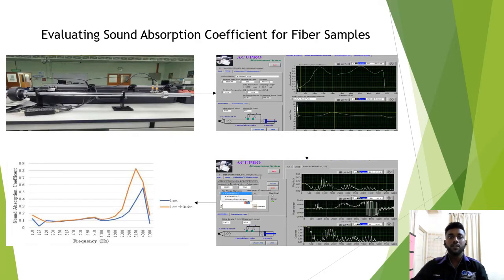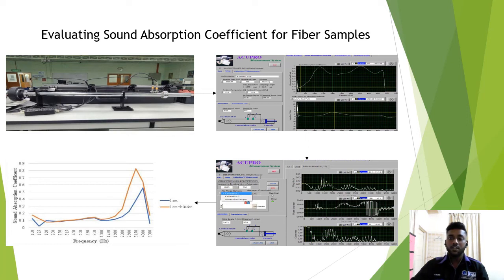For evaluating the sound absorption coefficient of the fiber sample, first we need to set up the impedance tube correctly, and then in the AccuPro software we set the job description, ambient pressure, and ambient temperature according to the environmental reading.